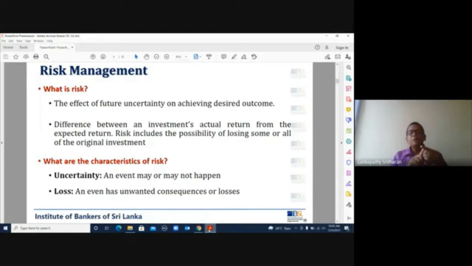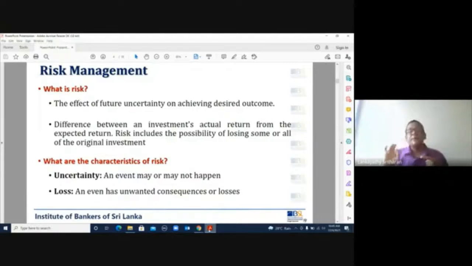In the first option, of course, there is no risk, because it's favorable. You are expecting a 10% return, 110 million, but the actual return is 120 million. That is not considered a risk, because it's not an adverse event.